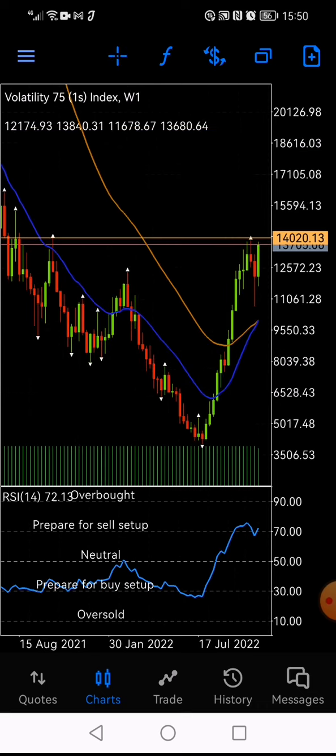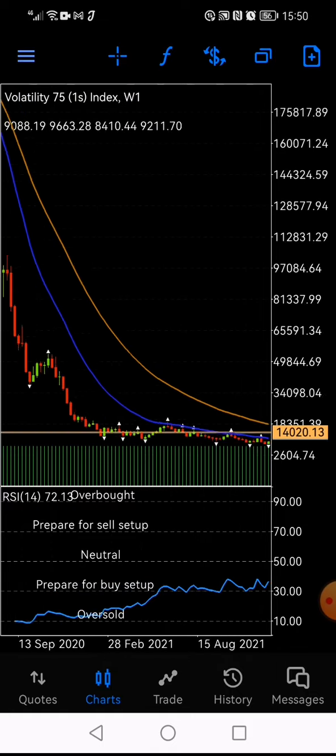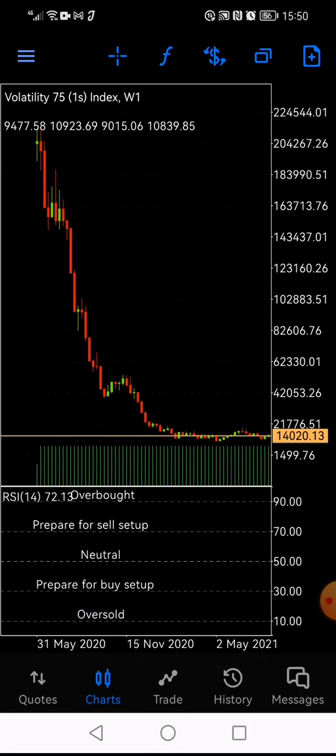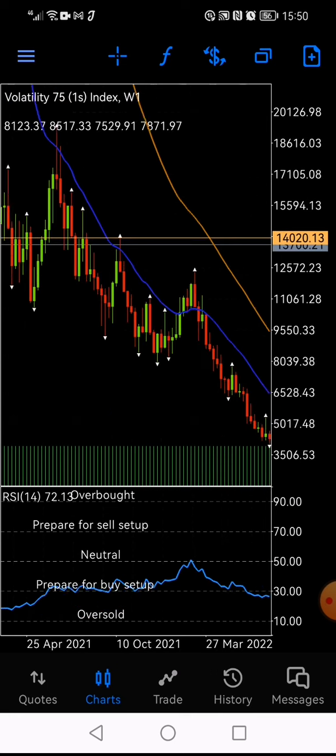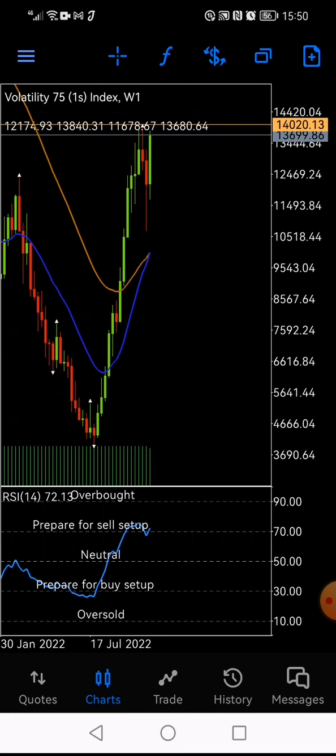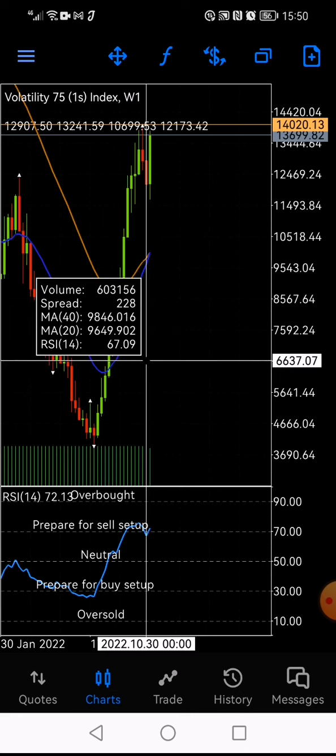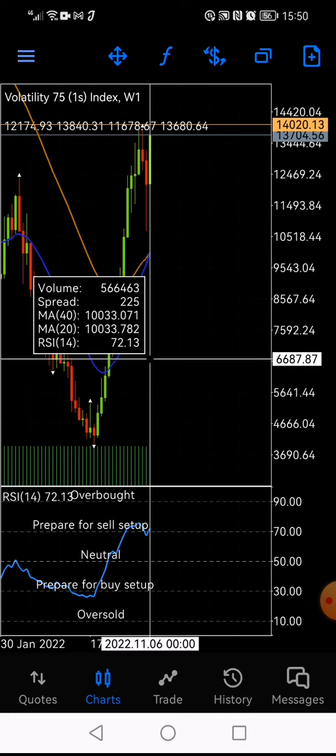These moving averages are crossing for the very first time since the existence of this pair, because they've been going down up until now, which is actually this past week they were coming from. That's when they started to cross. As you can see, they're equal. They're both at 10,033.